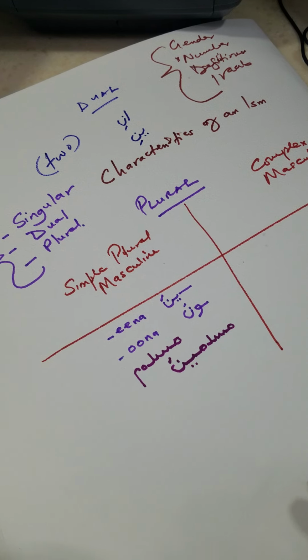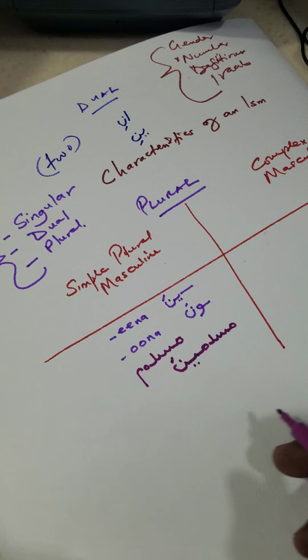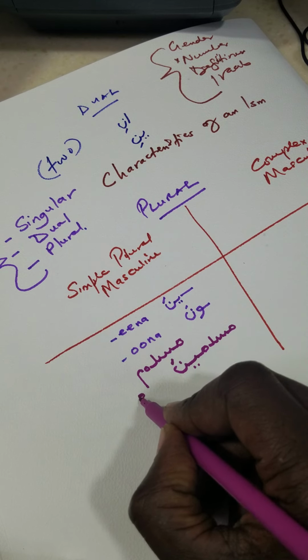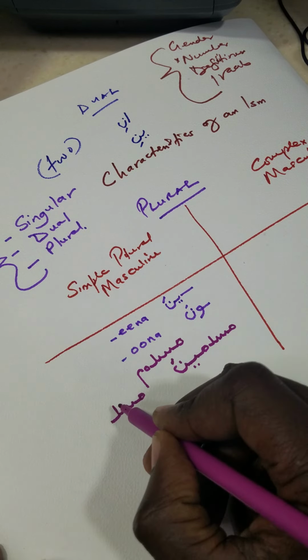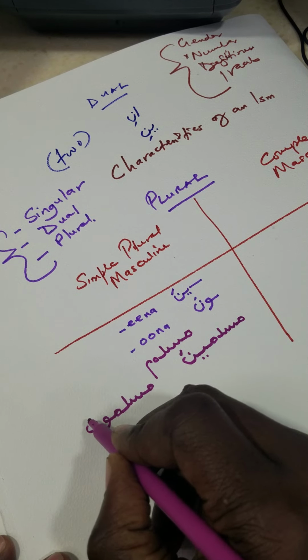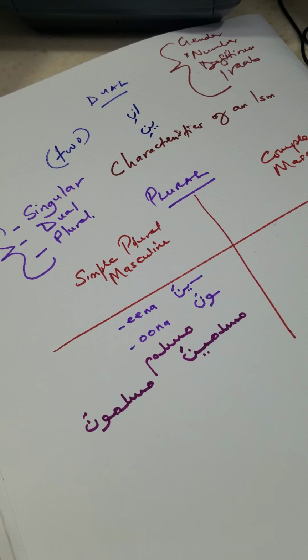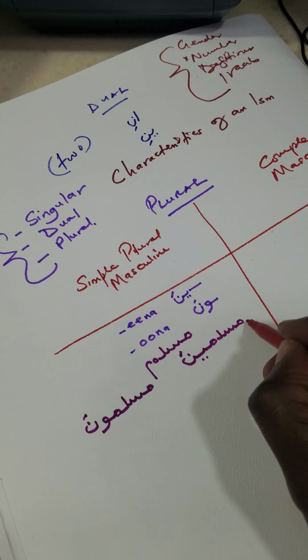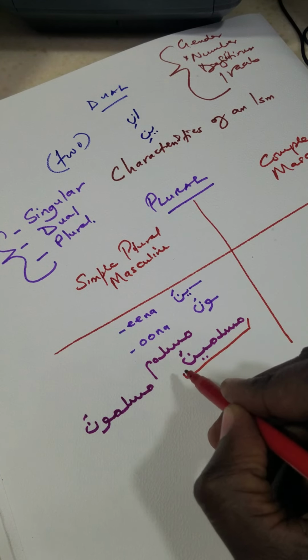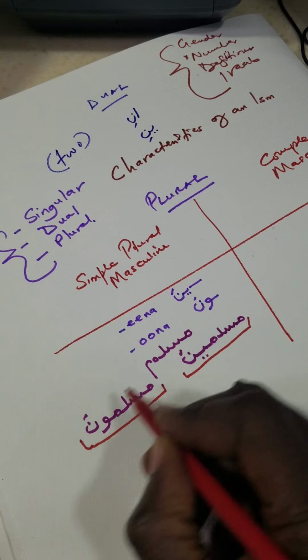Then if it's not Muslimina, we can add the other form. It will be Muslimuna. So I want you to look at this difference. Here it is Muslimina, and here it is Muslimuna.